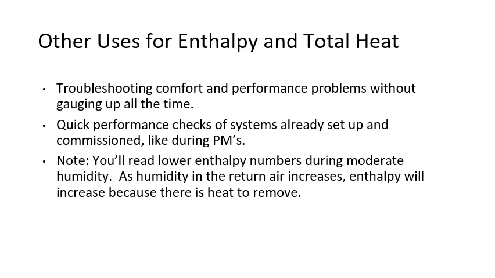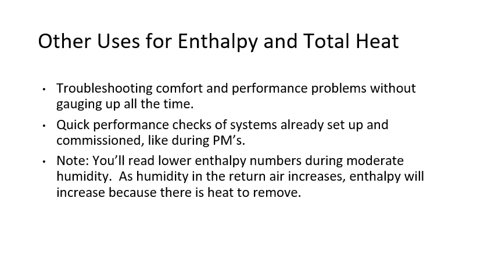A couple things to note though. If you're in a moderate humidity climate, you'll read lower enthalpy numbers on that scale between 5.5 and 8.0 enthalpy drop. You'll read it on the lower side of that scale, closer to 5.5. That's because there's not a lot of humidity in the air. But as humidity in the return increases, enthalpy will increase because there's more heat to remove. So for example, here in North Carolina, in the springtime, there's not a lot of humidity in the air.